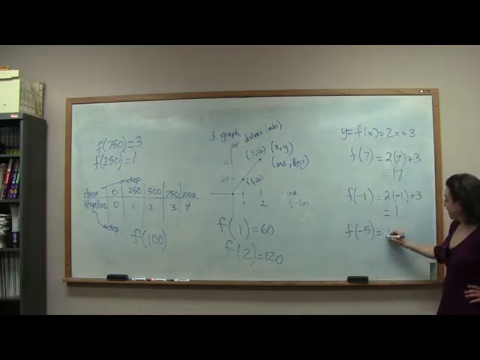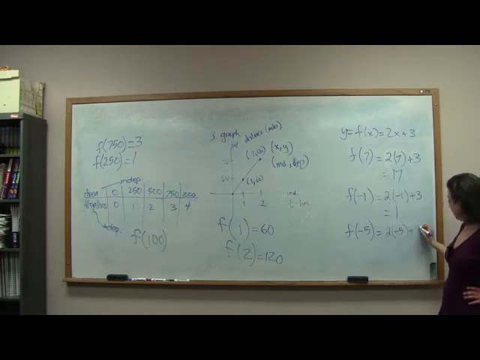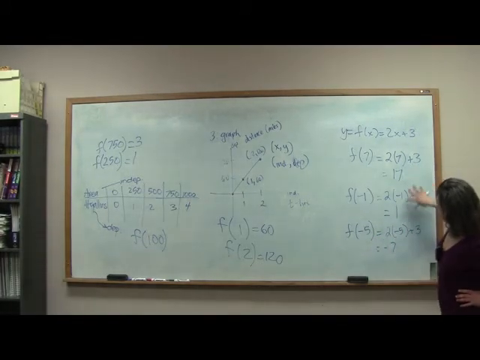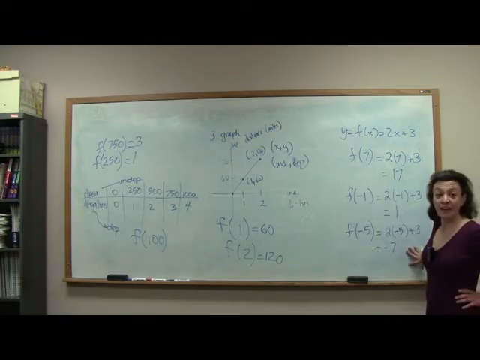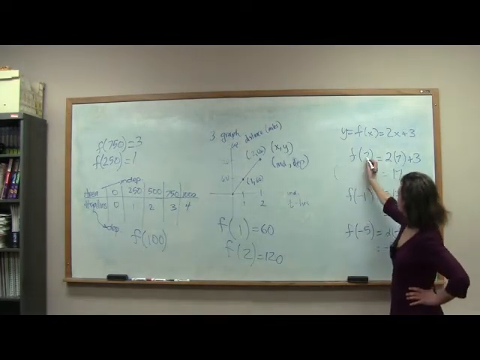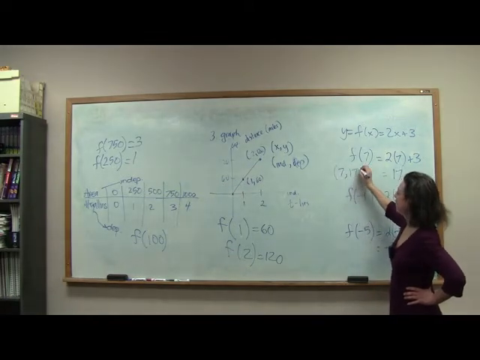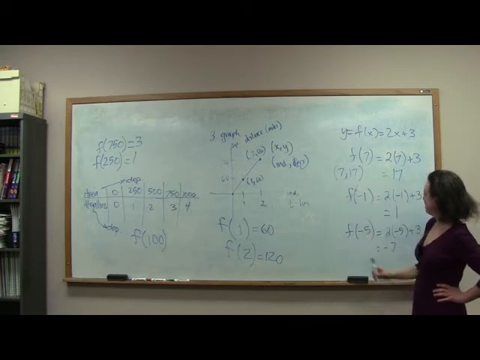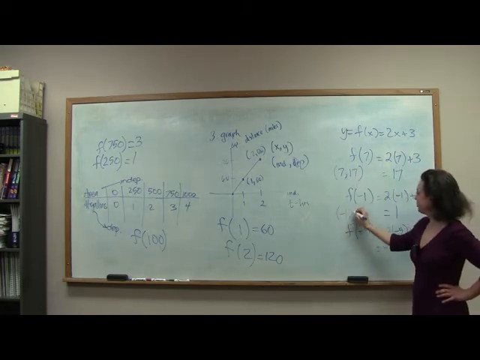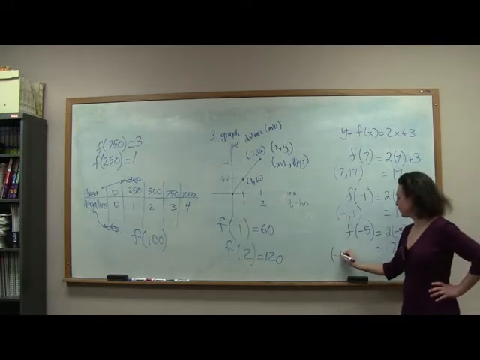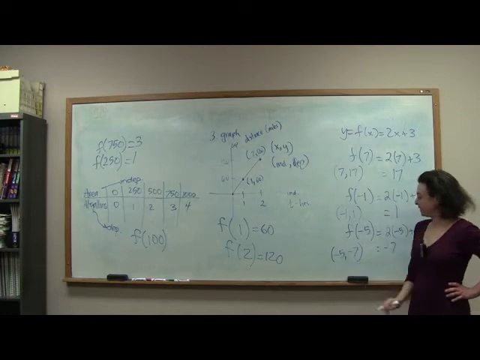Now I replace x with -5, and I'm going to get -7. If I wanted to write each of these three function values as ordered pairs, I certainly could. Wouldn't this first ordered pair be written as 7, 17? Again, independent variable, dependent variable. This second ordered pair would be -1, 1. And then this third ordered pair would be -5, -7.